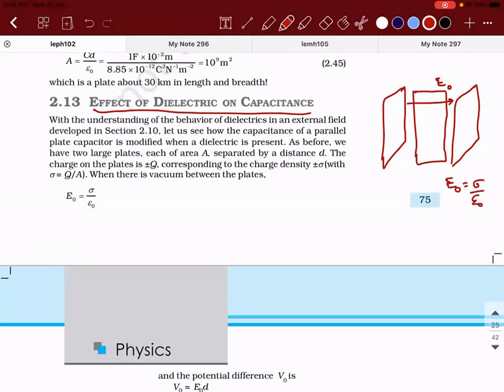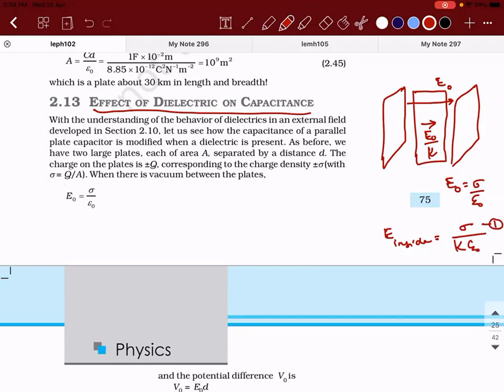Accepted. What will be the electric field inside the capacitor, according to yesterday's discussion? It should be E naught by kappa. So electric field inside should be equal to sigma divided by kappa into epsilon naught. Can I call this equation number 1?